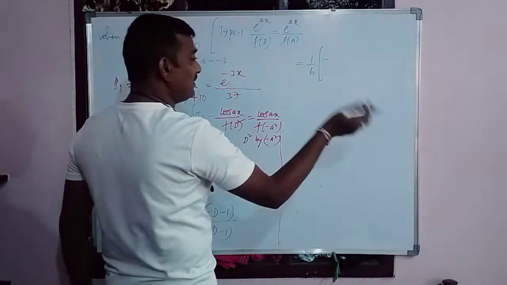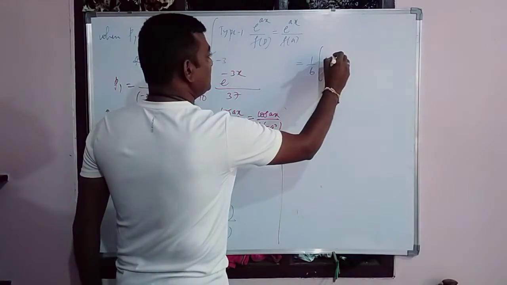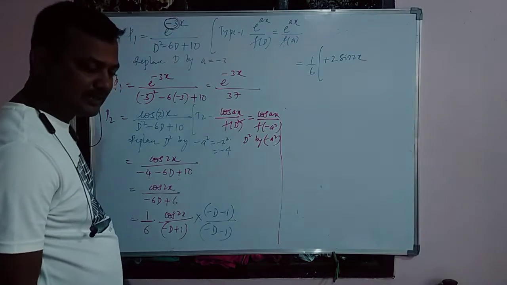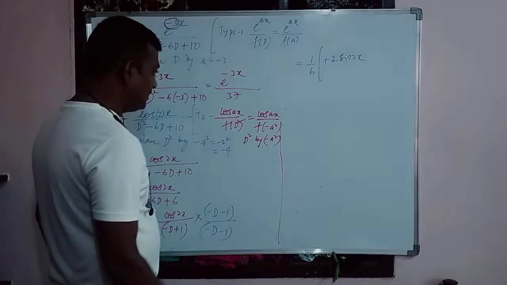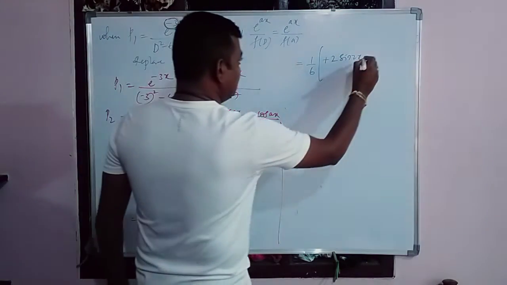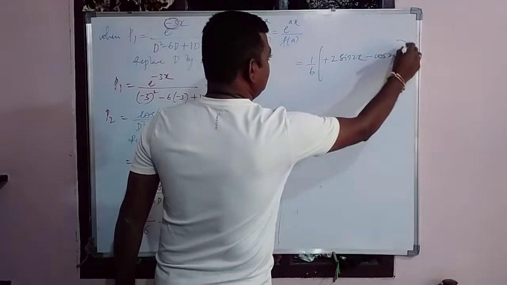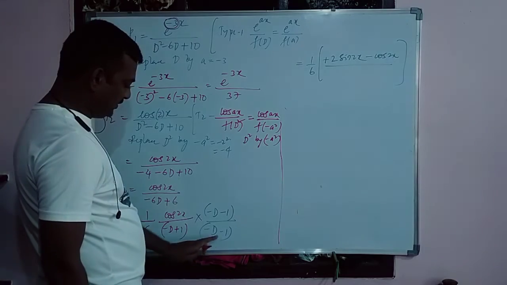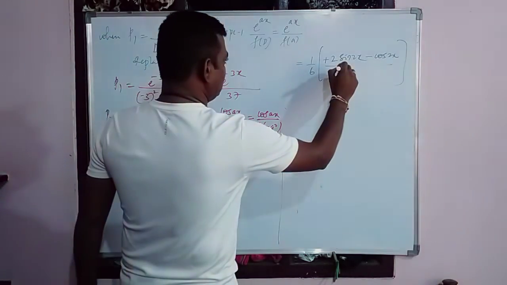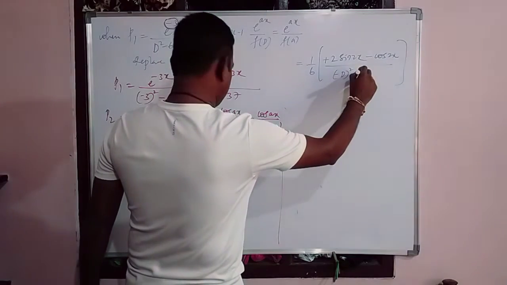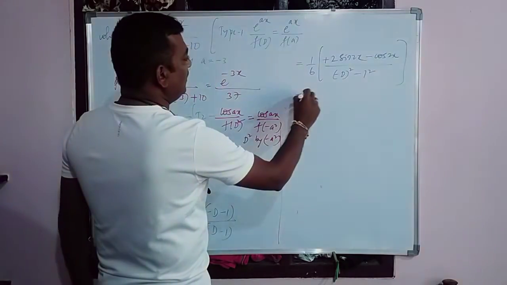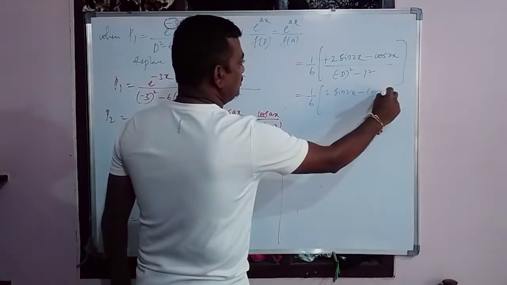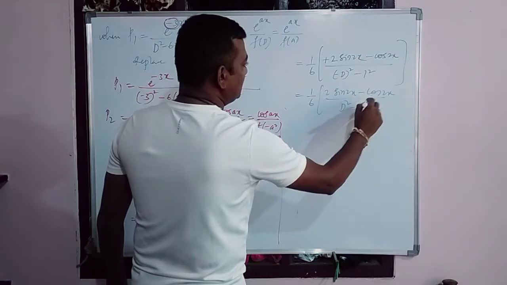Differentiation of cos 2x is minus sin 2x into 2. So minus 1 into cos 2x divided by, this is a plus b into a minus b, a square minus b square, that is minus D whole square minus 1 square. So 1 by 6 times 2 sin 2x minus cos 2x divided by D square minus 1.